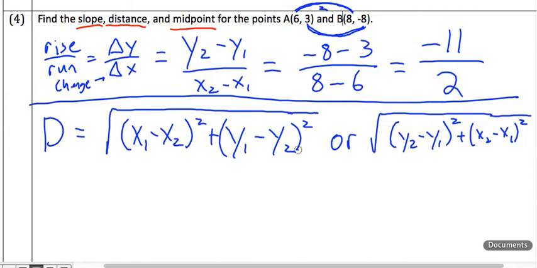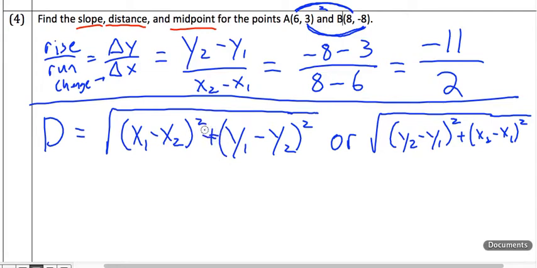When you write out the distance formula, the x values do not have to be on the left. The y values do not have to be on the right. You can switch them. Also, you do not need to do x1 minus x2. You can do x2 minus x1. You can also switch that order. The reason you can switch x and y is addition.